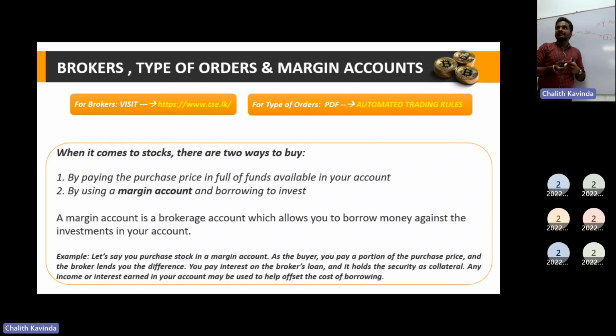Recently, Dialog is also doing margin trading activities. One portion of your investment will be paid by you, and the remaining portion will be paid by the stock brokering company. This is what we know as margin trading.